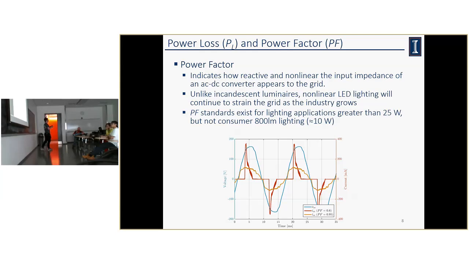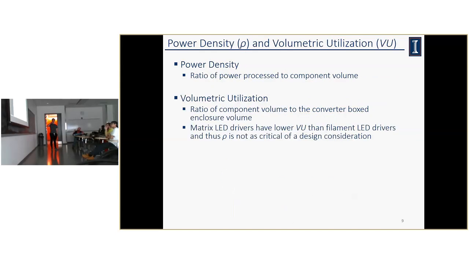But if you think of it in scale, 1 billion 10-watt loads adds up. So IEEE is definitely pushing towards applying some standards to these LEDs as the years progress. It's also important to note that power factor correction implies a higher cost design and higher complexity, which is why it directly trades off with cost.